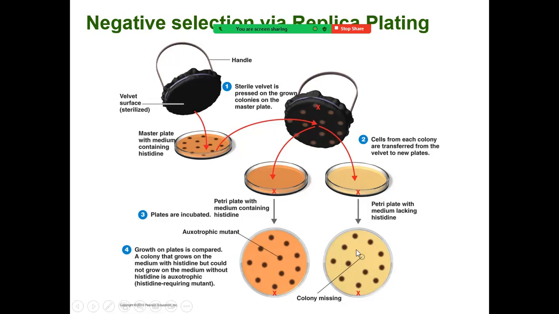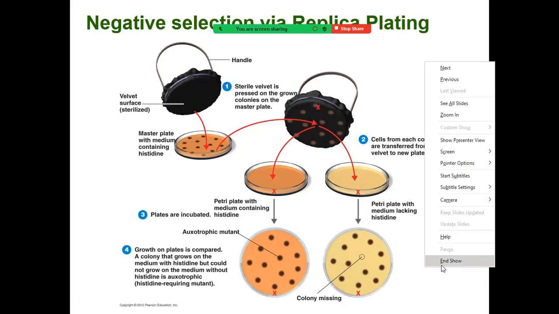So this colony here is a mutant, and it lacks the ability to make the amino acid histidine. These colonies are not mutants, and they can make the amino acid histidine. Anyways, the point is, this is negative selection for a mutant. And here we have a mutant colony. Any question about any of that?